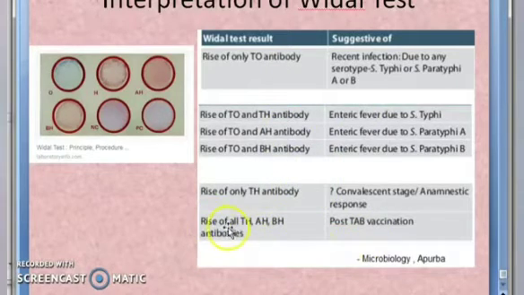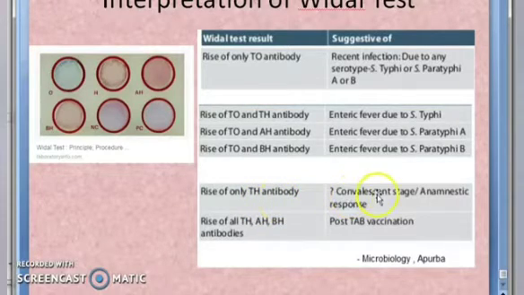If a person has all the H's, TH, AH, BH, everything, then he has a vaccination. Now, what if only TH rises, there is no TO. So TO has gone and TH is there. You remember we had studied that O is early to come and early to leave, but H will be late to come and late to leave.